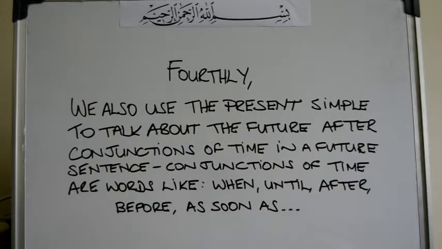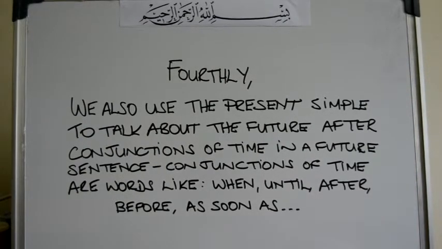Fourthly, we also use the present simple to talk about the future after conjunctions of time in a future sentence. Conjunctions of time are words like when, until, after, before, as soon as.